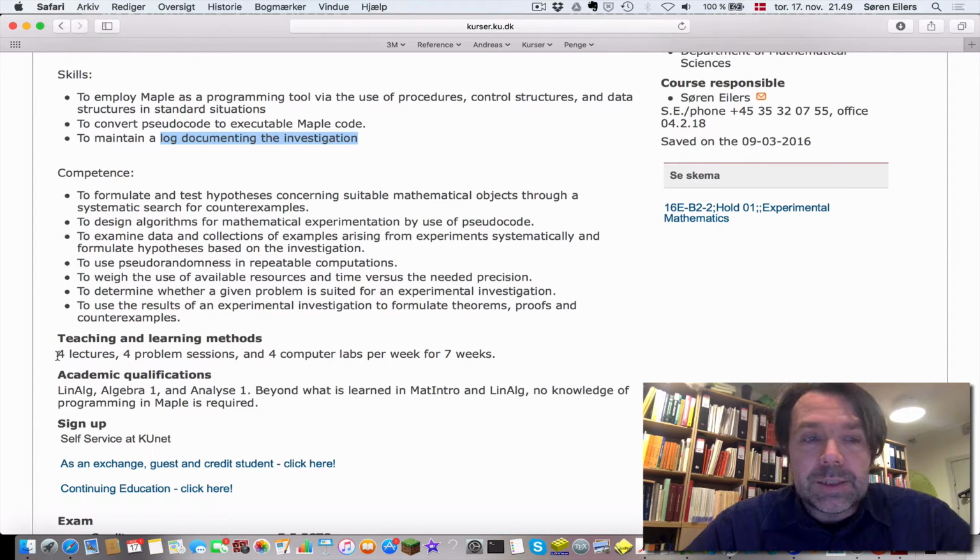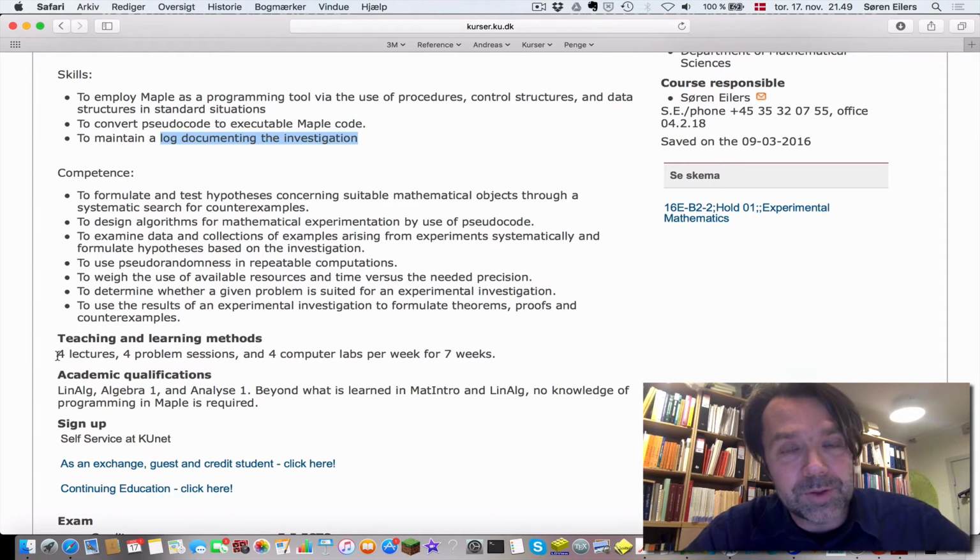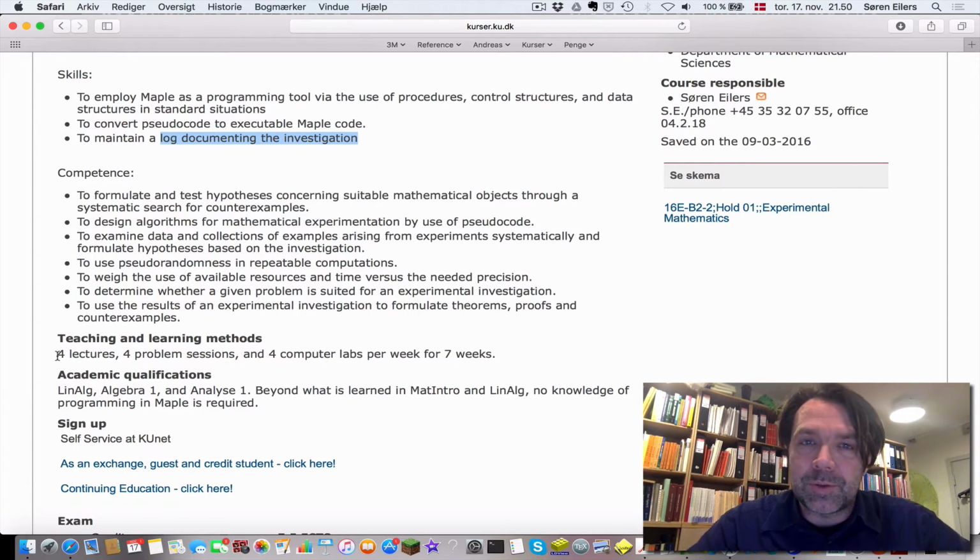Even though it's a highly non-standard course, I try to make the lectures as standard as possible because I think it's actually a very reasonable way of going over this non-standard material. But I think it's safe to say that the lectures are much less important in a course of this nature than for most math courses.